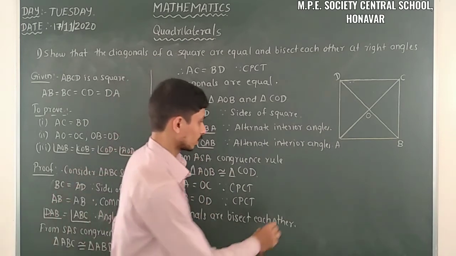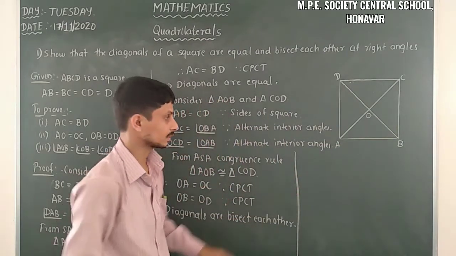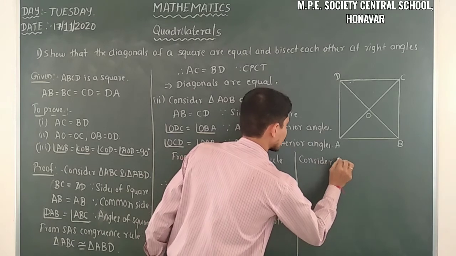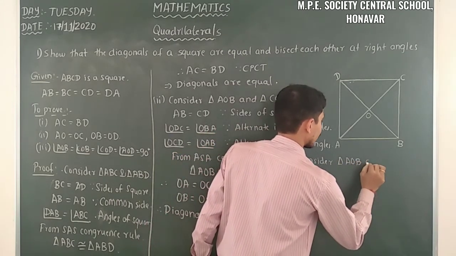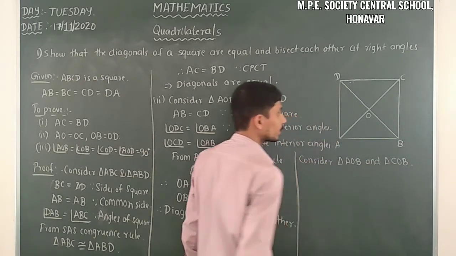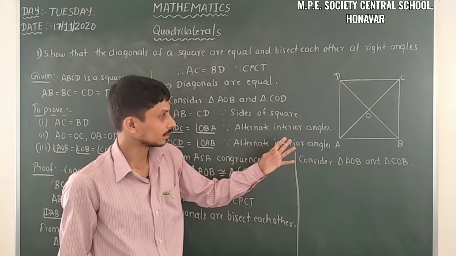So let us take that one. For that, we have to consider those two triangles, triangle AOB and triangle COB. What are the equalities possible here?